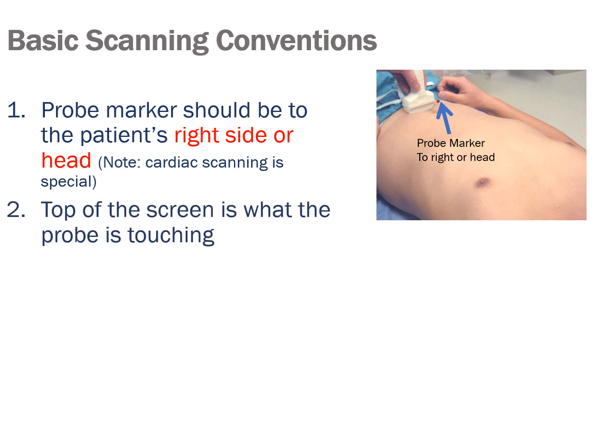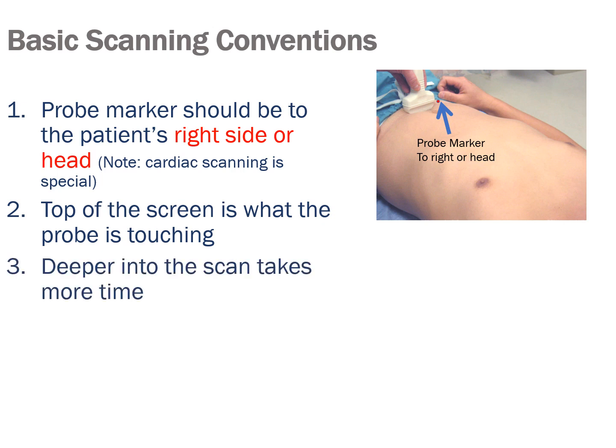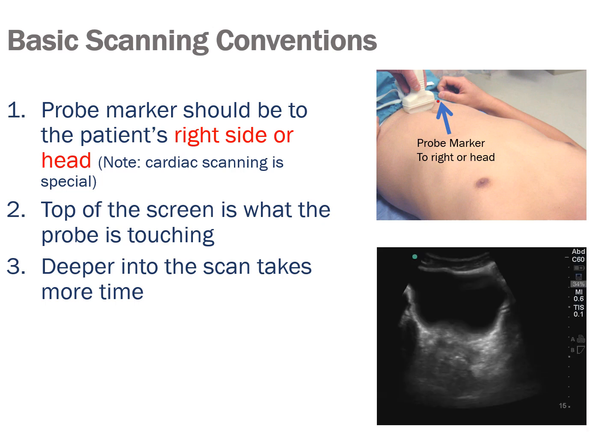Remember, the top of the screen is what the probe is touching, and deeper into the scans takes more time, so the pixel is put further towards the bottom. For instance, on this particular image, we see that it's taken with a curvilinear probe because it's a wedge shape with a bite at the top.